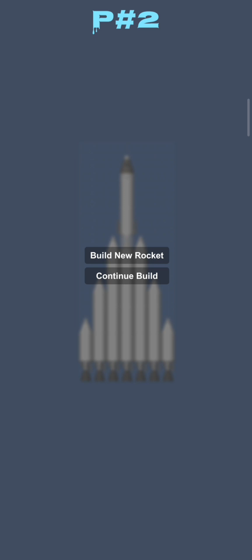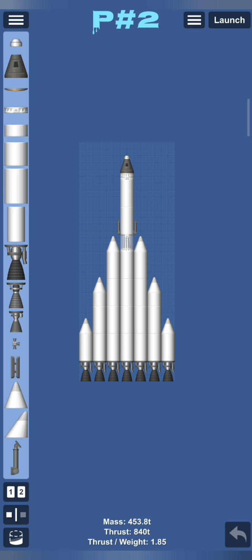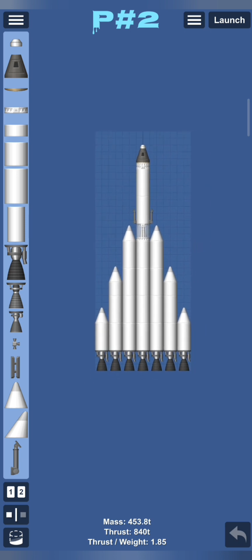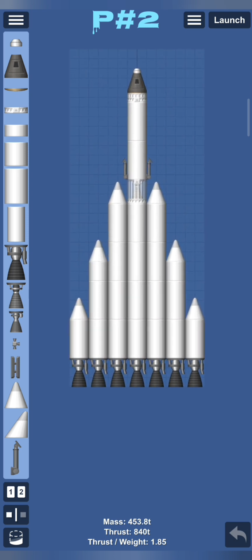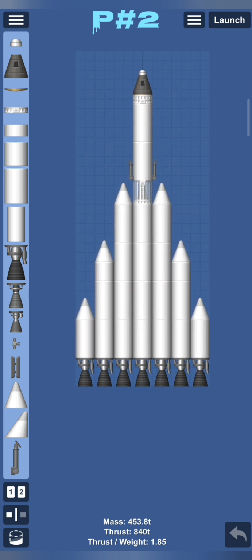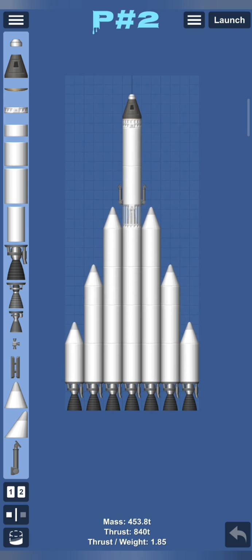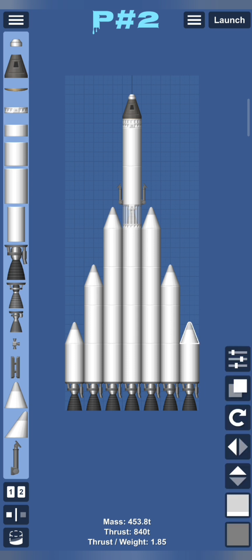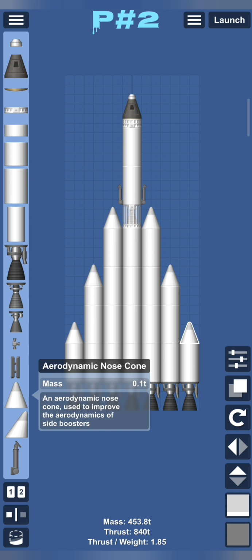Now come to our second rocket, the P#2. I have already designed a rocket. You can note easily that I have fixed 7 Hawk engines and many fuel tanks in the lower part of the rocket, but the upper part has the same components.